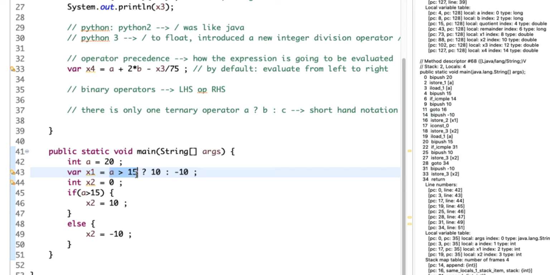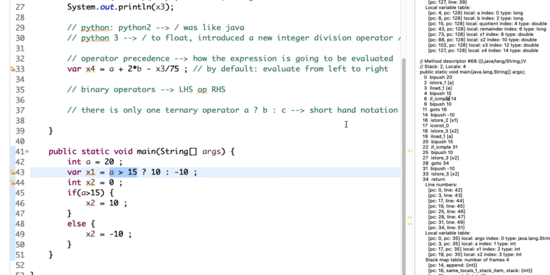So here the condition is greater than 15, but what the compiler writes in the bytecode is actually compare the two integers that are on the stack. One is A, the other one is 15. Compare them for less than or equal.